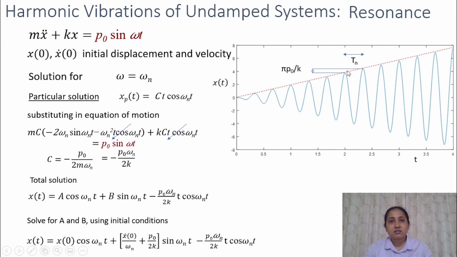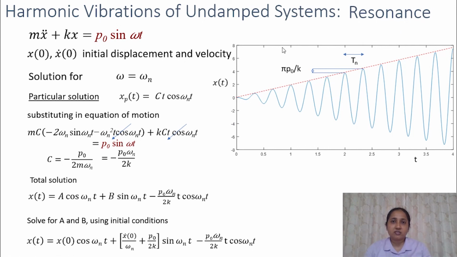And since this is an undamped system, this vibration will continue without any decay in time. So as time goes by, the value of the response will only increase. That means the response is unbounded in this case, when omega is equal to omega n. And this condition is known as resonance.